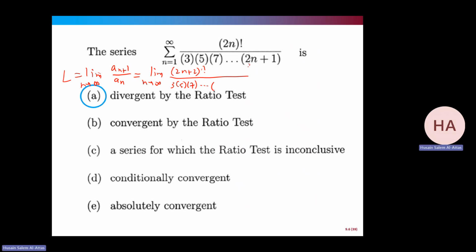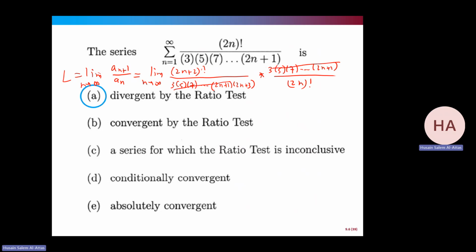This is 2 times n plus 1. So it's 2n plus 3, times the reciprocal of this, over 2n factorial.